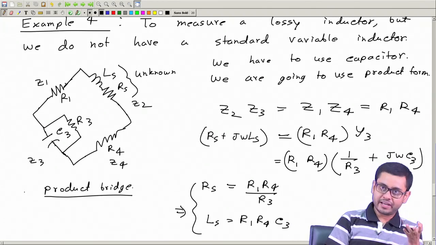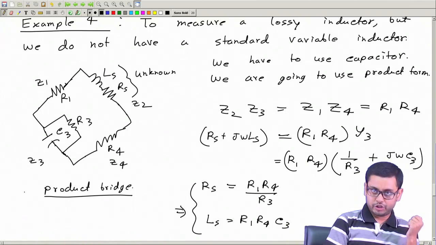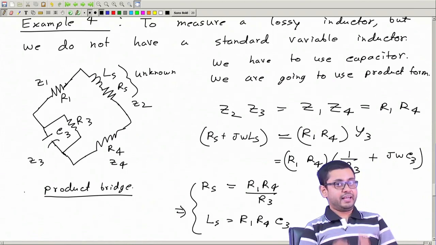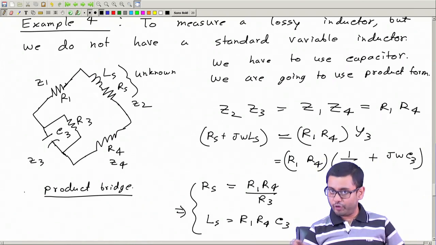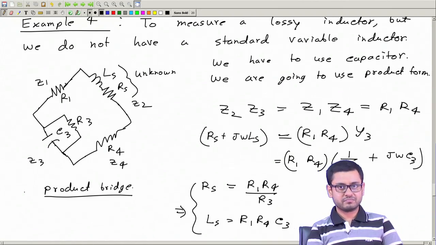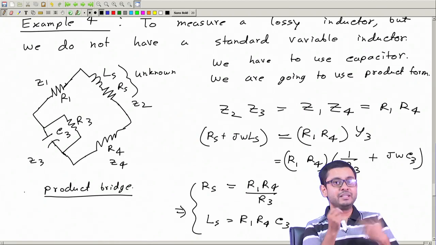We will take more examples in subsequent videos. The idea here is this topic AC bridge is very boring. Often it seems like we have to remember a lot of bridges. No, all bridges are designed keeping simplicity in mind.